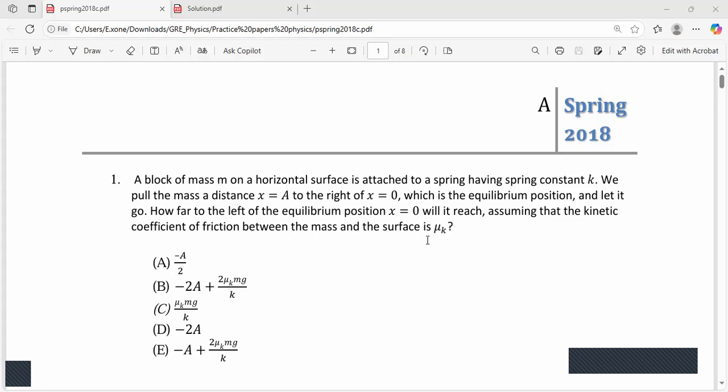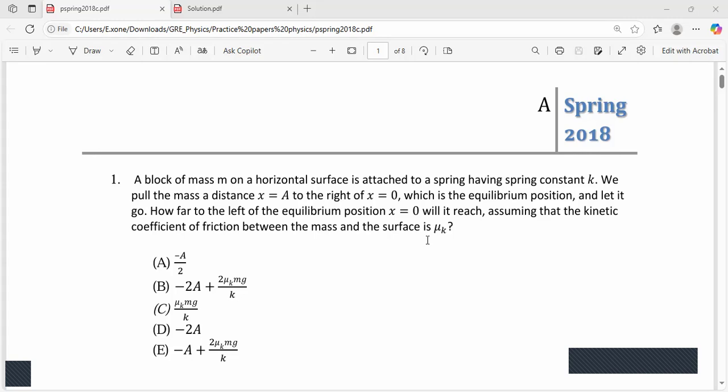Here we are given information about a mass attached to a spring. The mass is placed horizontally, resting on a surface having a coefficient of kinetic friction mu k.